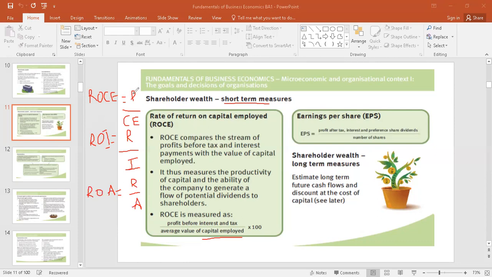Whether the profit earned is sufficient to distribute returns to the investors who have contributed towards capital employed, the amount invested into the assets. That is the concept here, and this is how the equation is given.